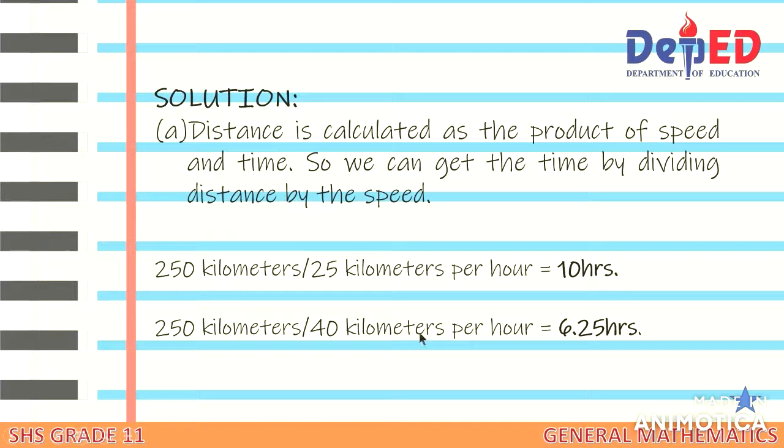Next one. 250 kilometers divided by 40 kilometers per hour is equal to 6.25 hours. So, ito naman, kung mabilis-bilis ka ng konti, sa loob ng 6.25 hours makakarating ka ng Baguio kung 40 kilometers per hour ang takbo mo. Last one will be 5 hours if yung average speed mo is 50 kilometers per hour.